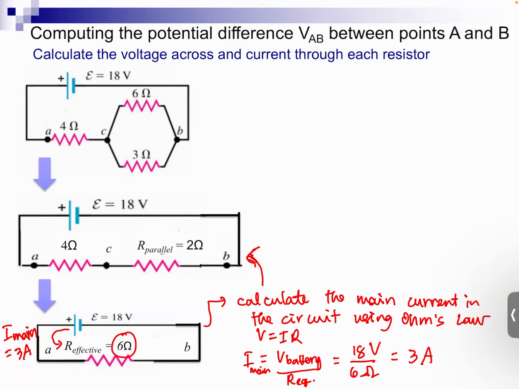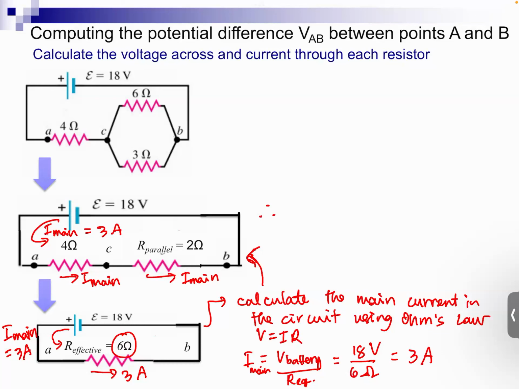The current should be the same in series, right? So if 3 amps of current is flowing through the 6 ohm resistor, then it's also the main current flowing through each of these individual resistors that are in series. So through each of these series resistors, the current is 3 amps.